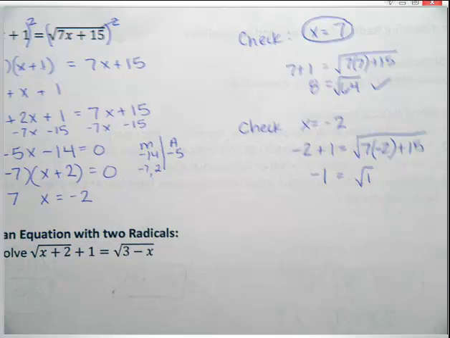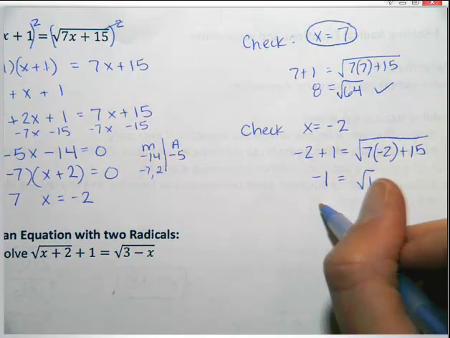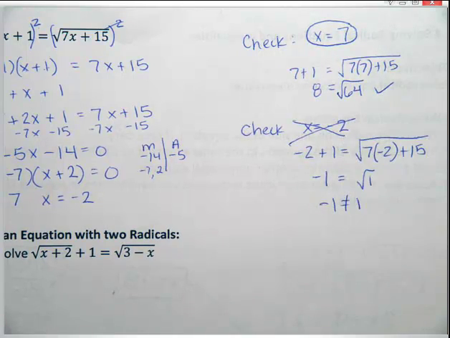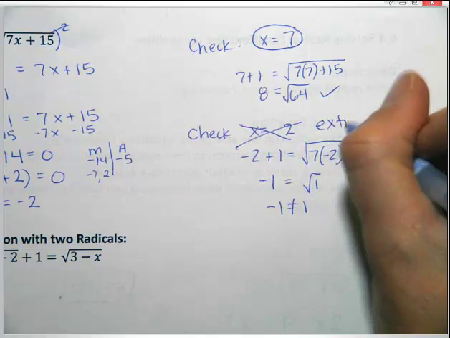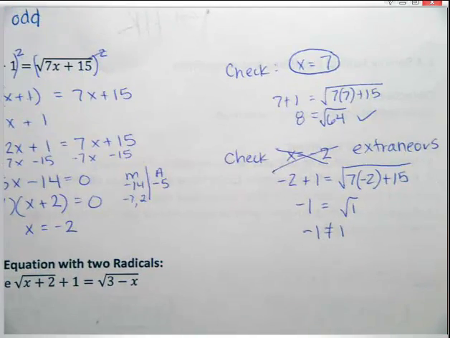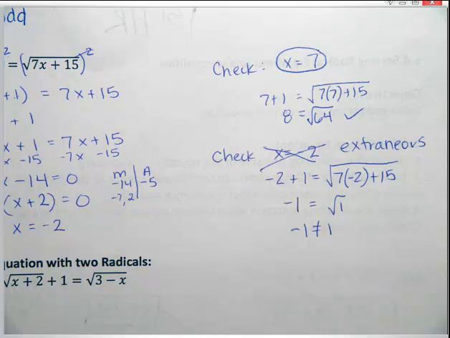Does negative 1 equal the square root of 1? No, square root of 1 is 1. Negative 1 does not equal 1, and so then this one is an extraneous solution. It doesn't actually check in the original equation. So our only solution is x equals 7. Any questions on that?